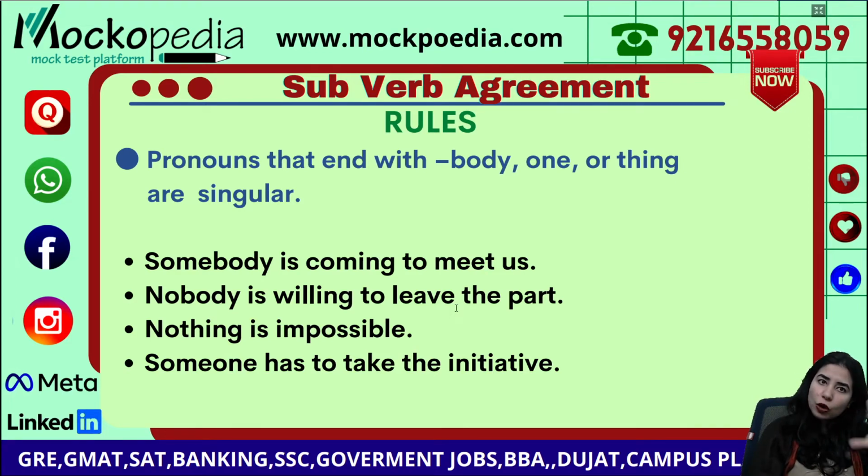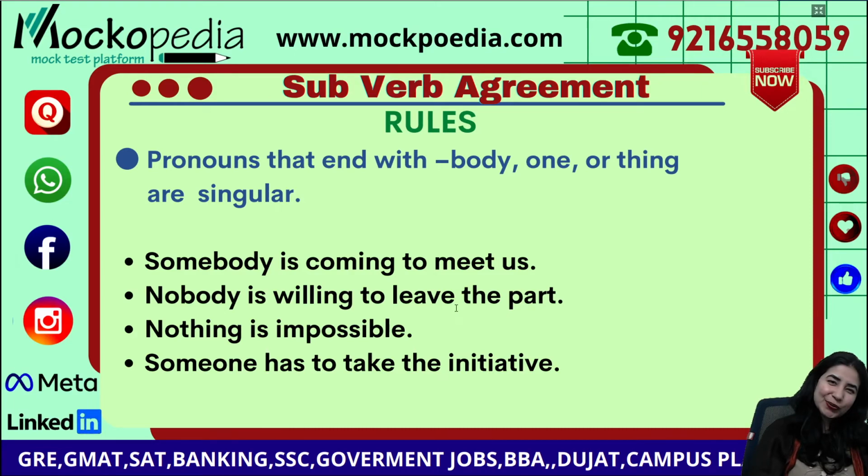Right? So with all these terms, all the pronouns in the list I've already given, everybody, somebody, anybody, someone, no one, nothing, anything, all these are considered to be singular. And if these pronouns are considered singular, then the verb that accompanies them would be singular in nature. So you can make a list if you are penning down notes somewhere: anybody, somebody, nobody, someone, anything, nothing, something.